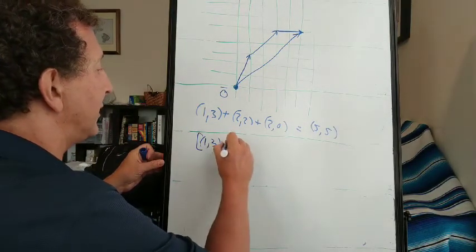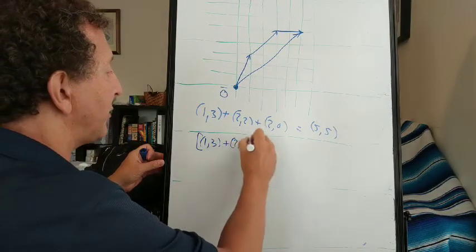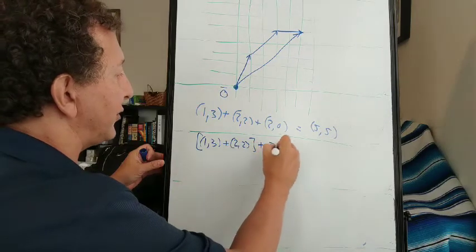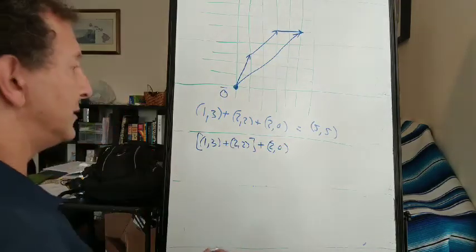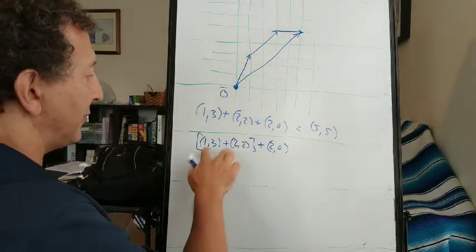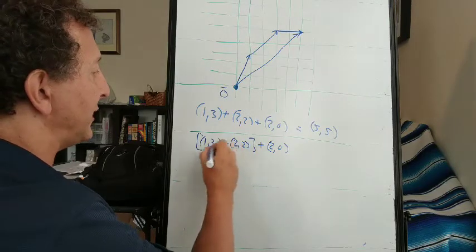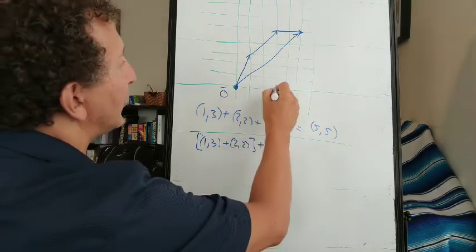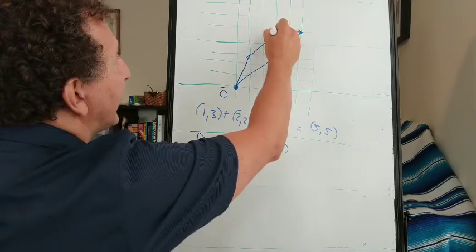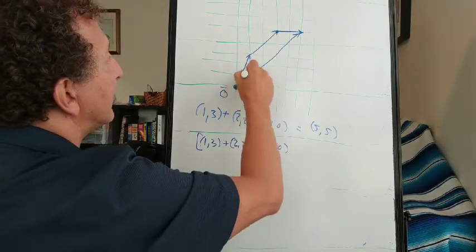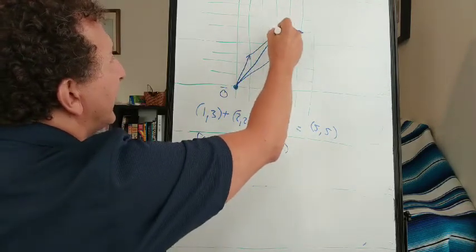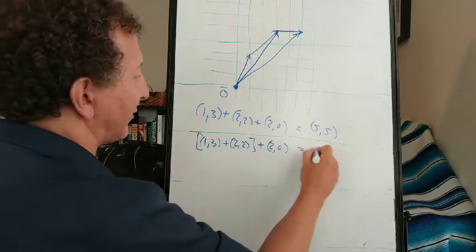Now what if we did the sum (1, 3) plus (2, 2) first and then added (2, 0) afterward? So then this part is (3, 5). So 1, 2, 3, 5 would be going up there. And then add (2, 0) and we get to the same place. So that's (5, 5) also.